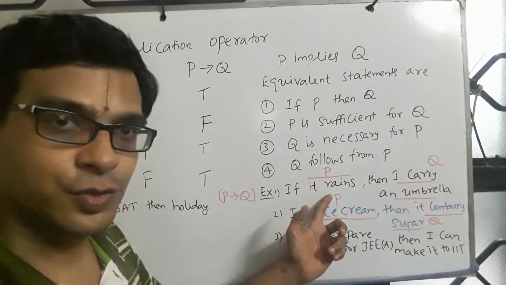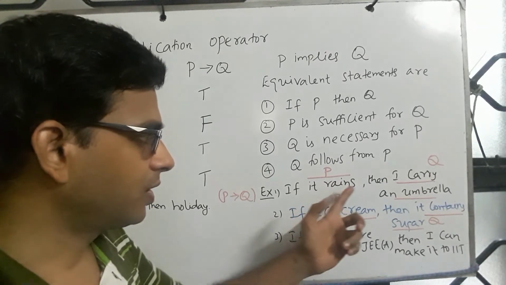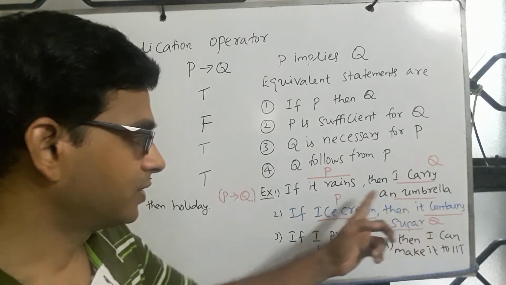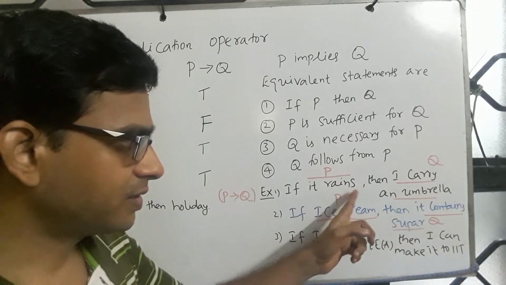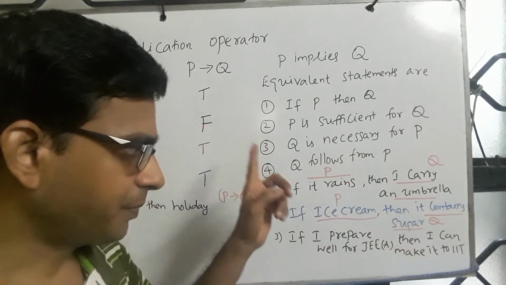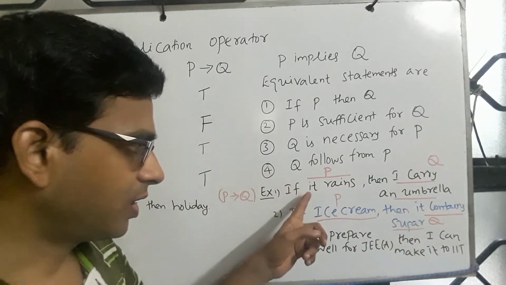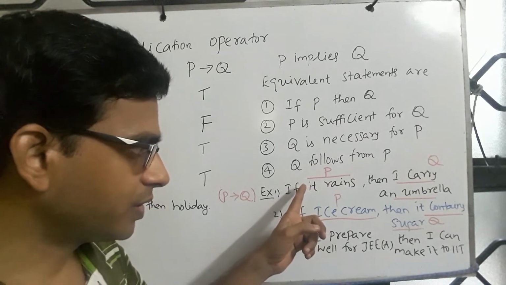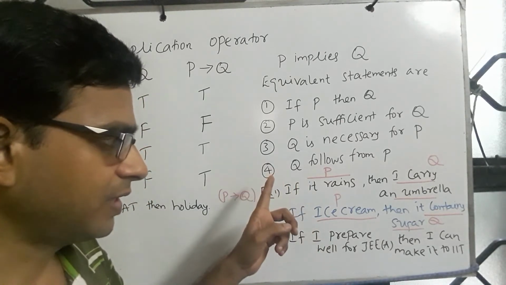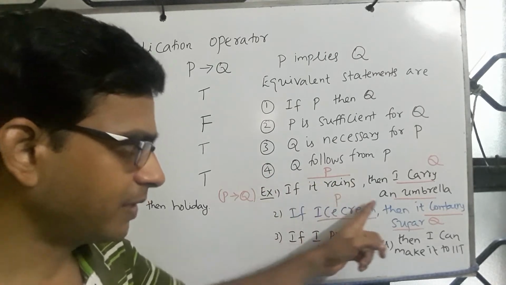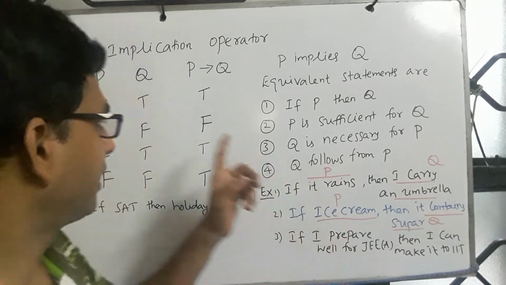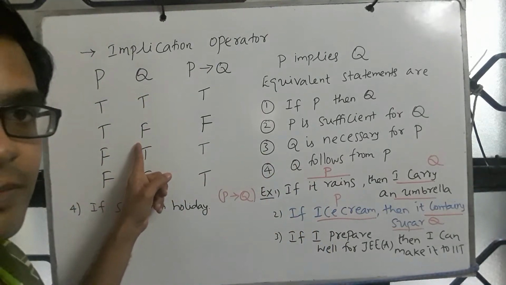It is raining is true, but I am carrying an umbrella is false. Statement says if it rains, then I carry an umbrella. Now this was the statement I made, and now I want to know, is the statement I made true? The logical value associated with that is false. Now this statement is violated. It is raining, but I am not carrying an umbrella.